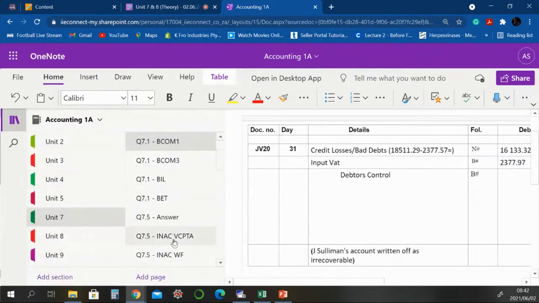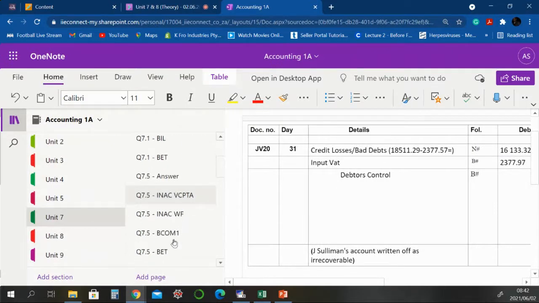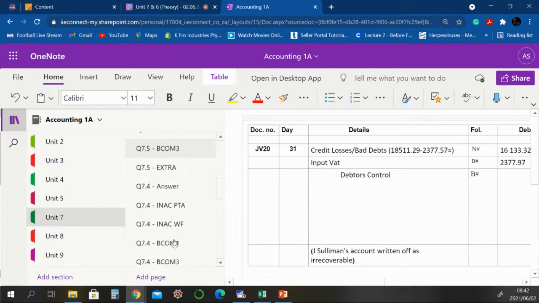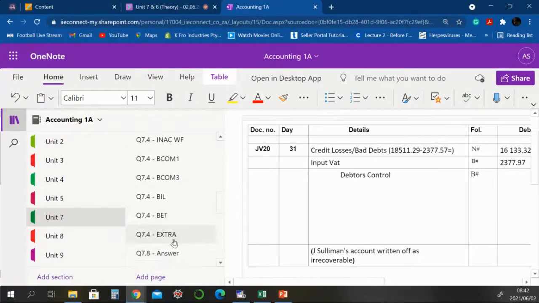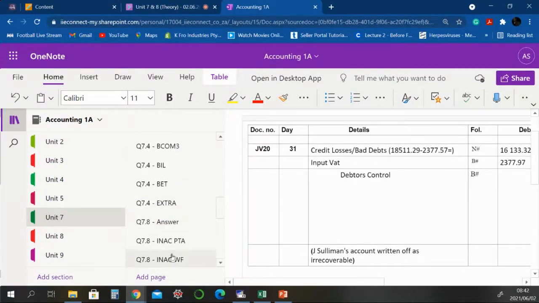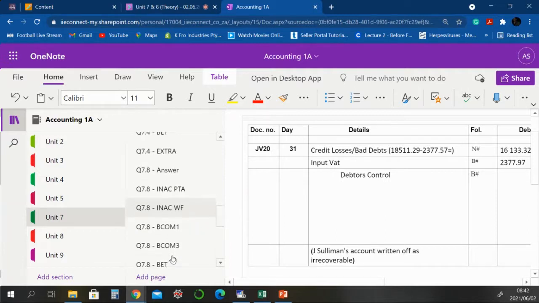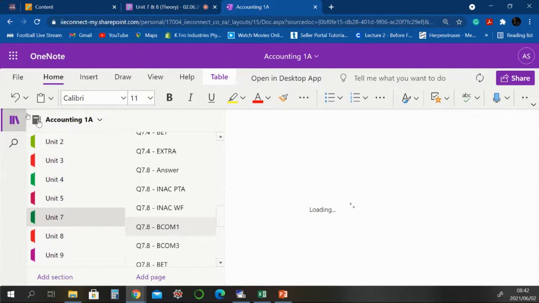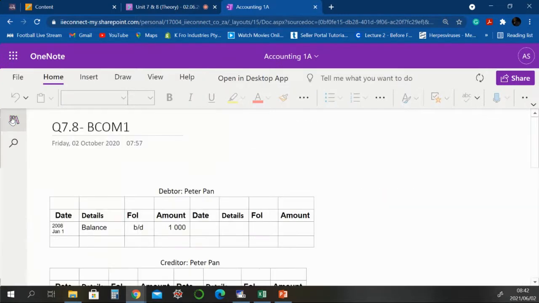This is the last exercise for our unit 7, and then we'll get into the theory of unit 8. That will be it for today.